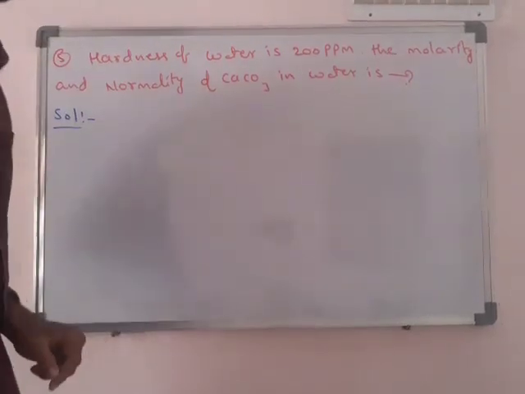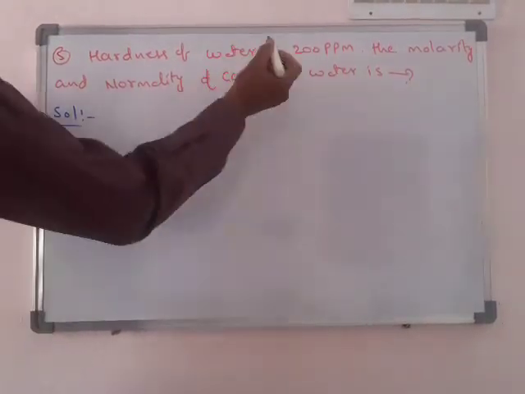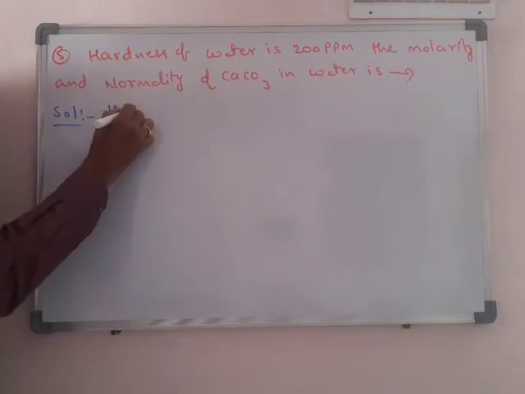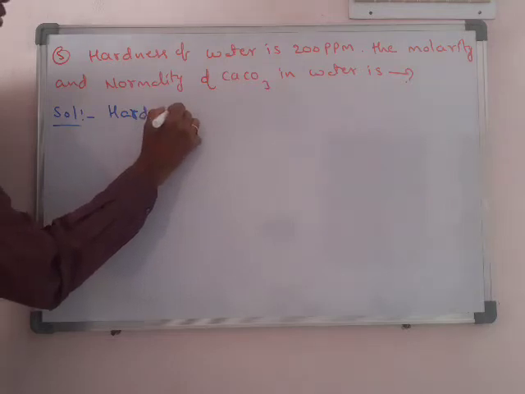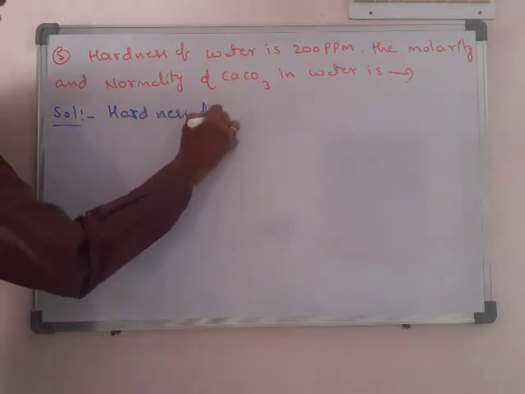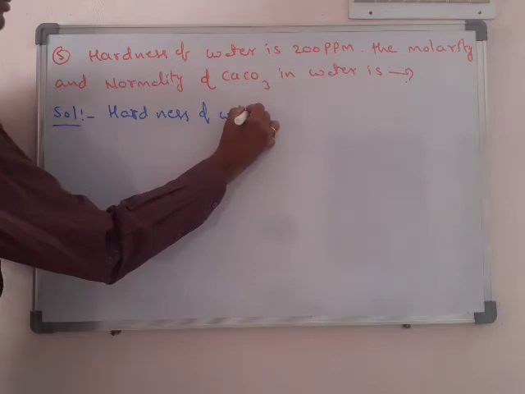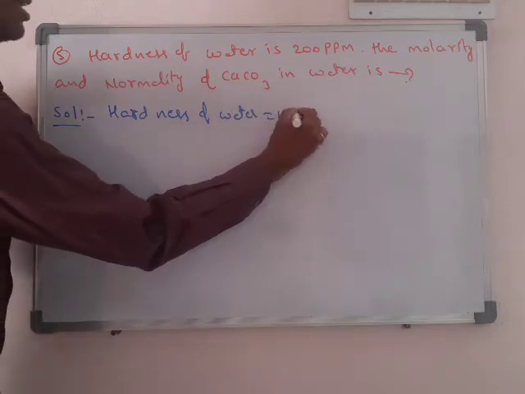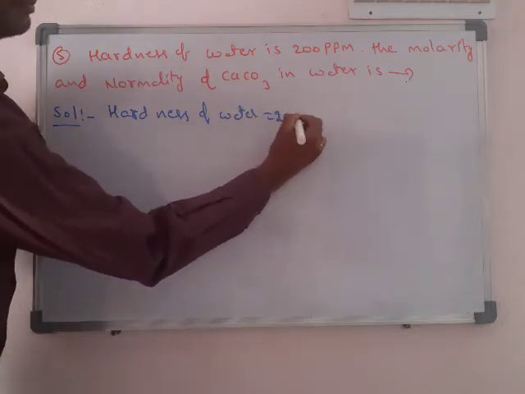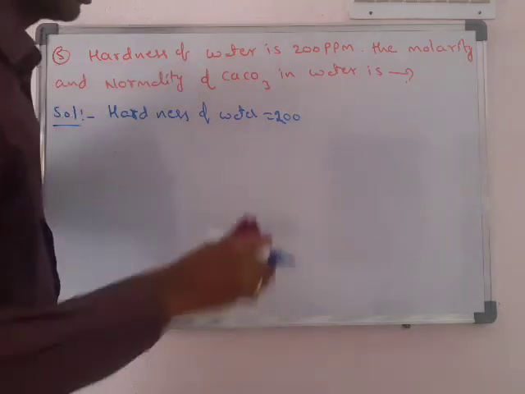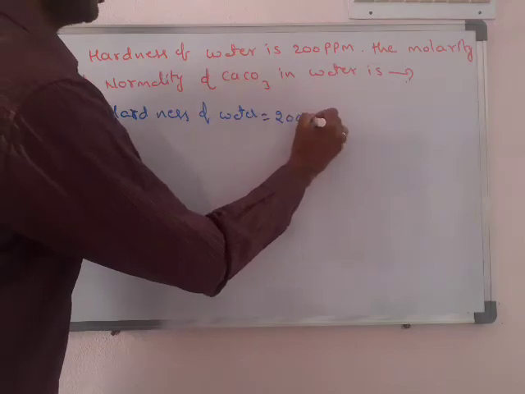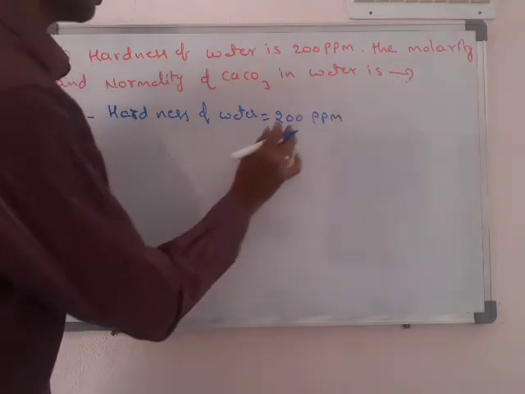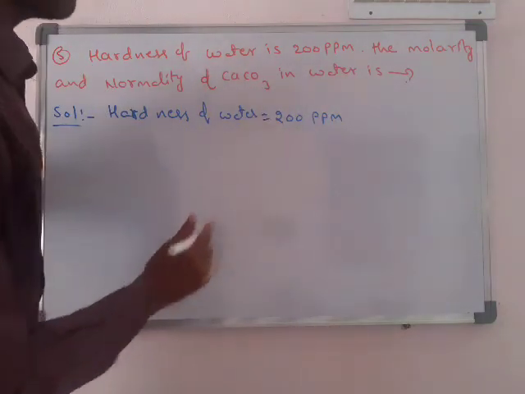So first we see what is the meaning of this ppm. Hardness of water is 200 ppm. So what does 200 ppm mean?